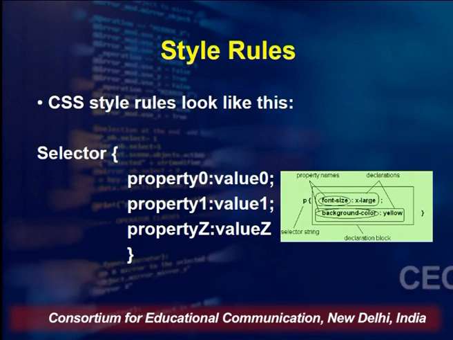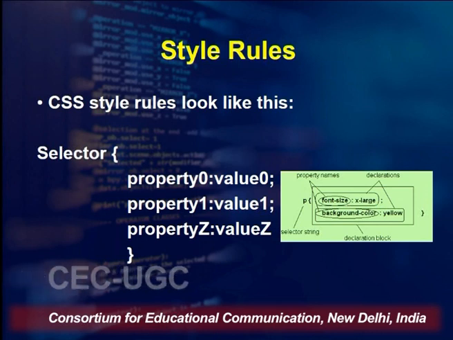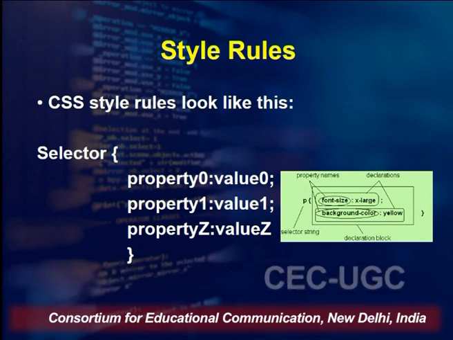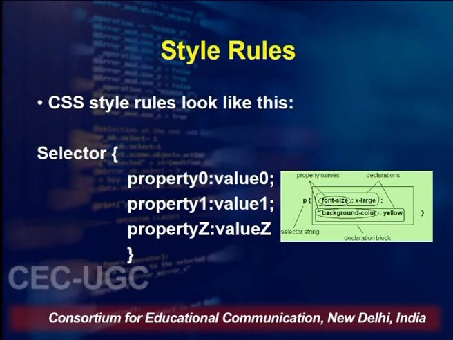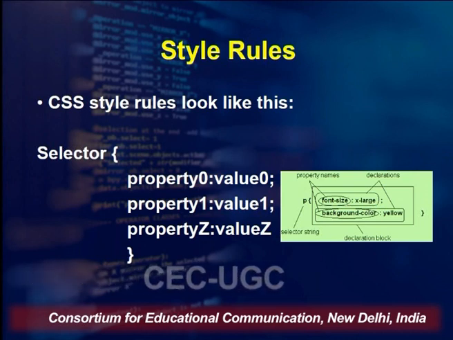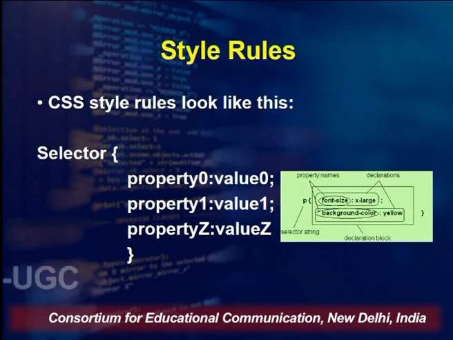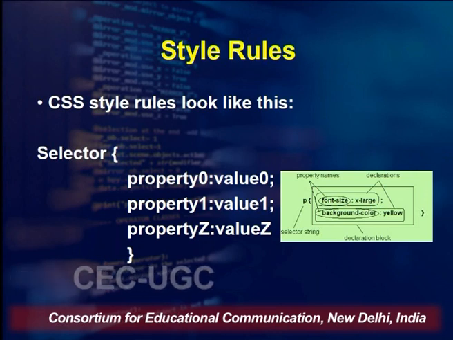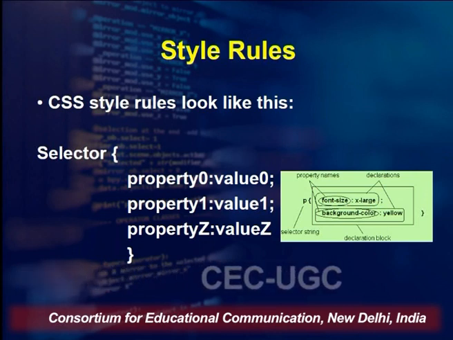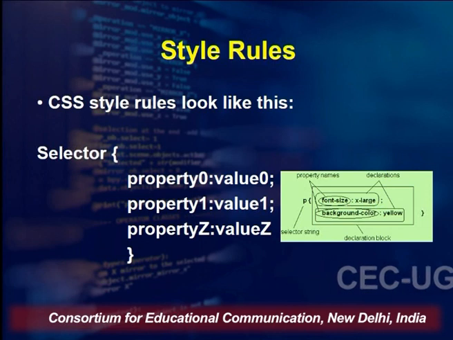Also it should be noted that the names of properties as well as the values, in most cases, are predefined. Actually the names of the properties are always predefined, but sometimes, like for example color, you can give your own value. But many a time, for a lot of properties, the value is also predefined and you have to choose out of the given values.